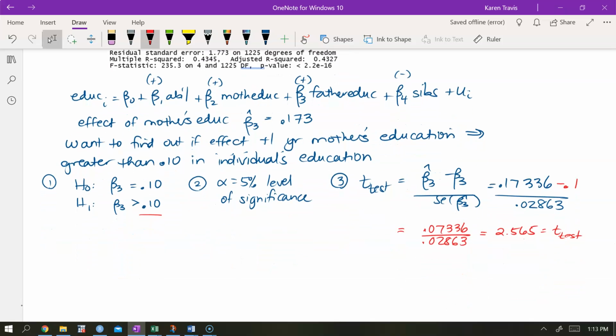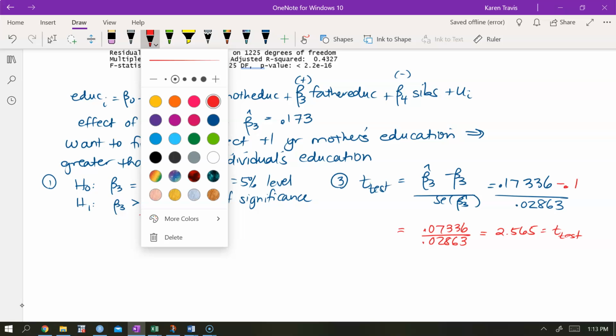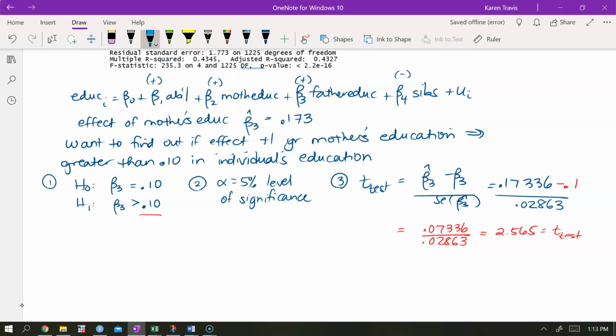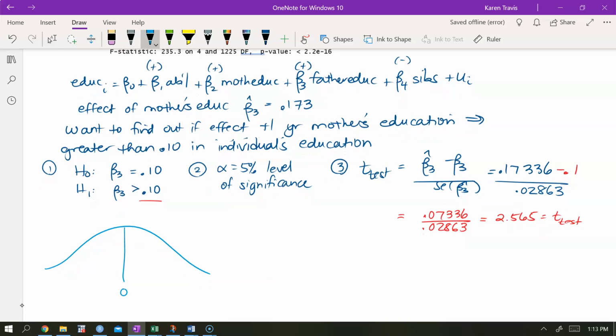My next step is to take a look at what happens to my critical value. I recommend drawing these to think about every piece of what's happening. So now this 0 on my t-distribution still represents the null of 0.1, but we shifted it by subtracting the 0.1 off over here, so that 0.1 is represented by the middle of the distribution.